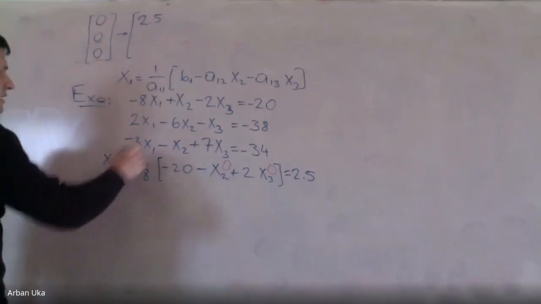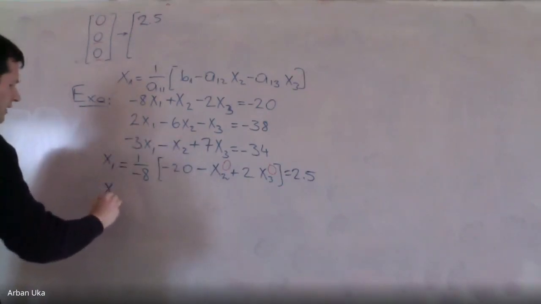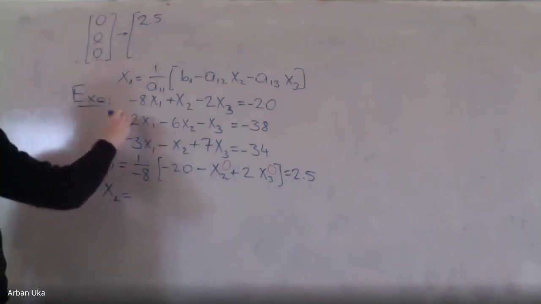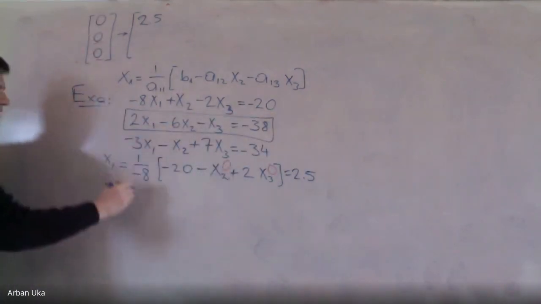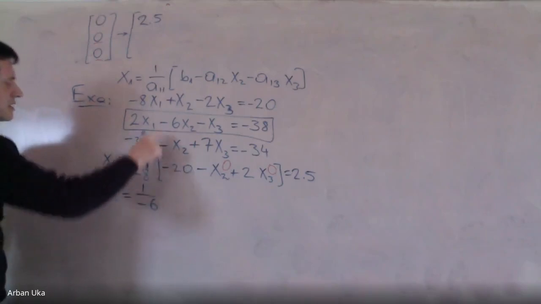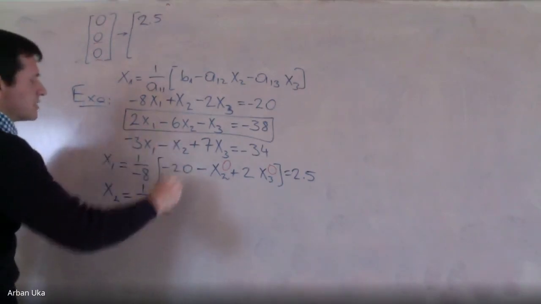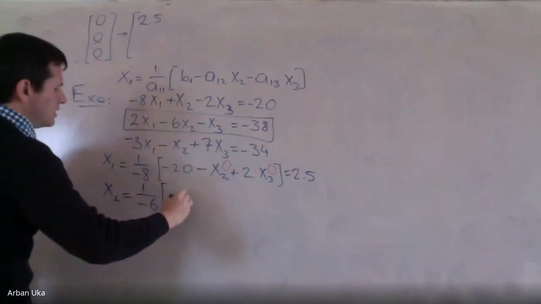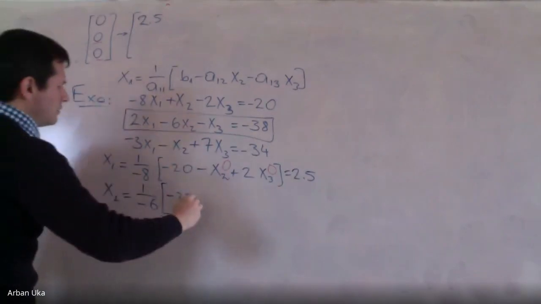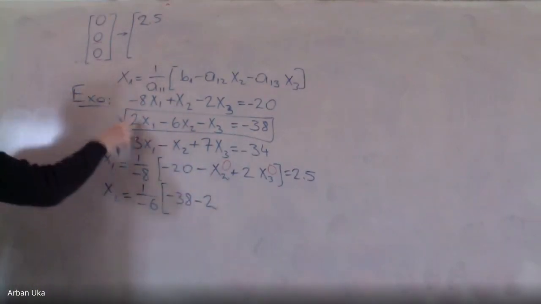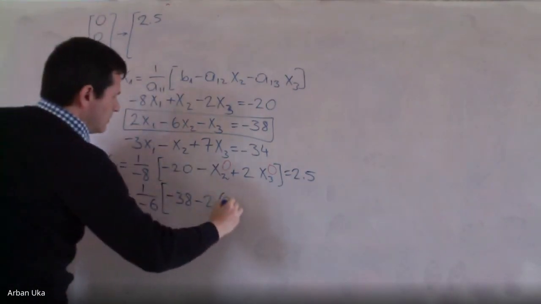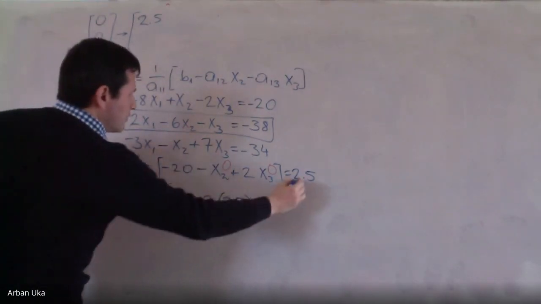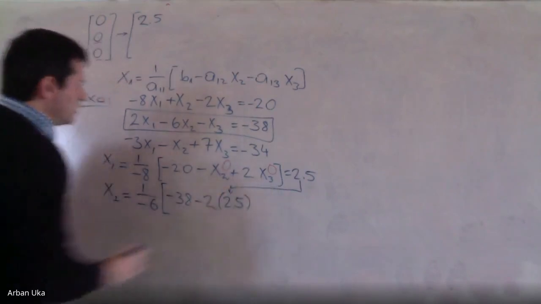And in the second equation for x2, we pick out the x2 from here. x2 is equal to 1 over minus 6, its coefficient, times minus 38 minus 2x1. Now x1 is 2.5. This value that we found here, we immediately insert it here.